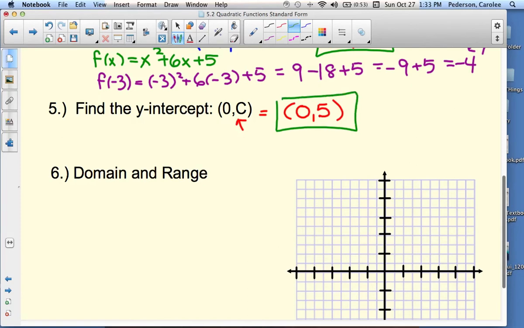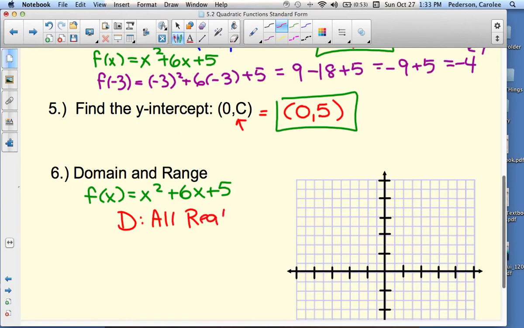The domain and range. The domain is what type of numbers can you plug in for x? So if that is my function, are there any restrictions on its domain? Anything I cannot plug in for x? The domain will always, in a quadratic function, be all real numbers.